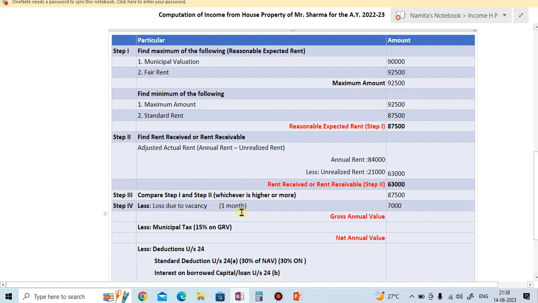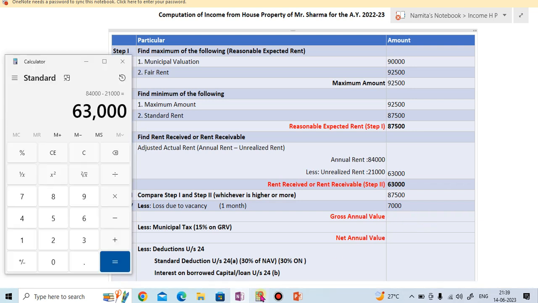So 7,000 is the loss occurred due to the vacant house. So now from step 3 less step 4, the value will be 87,500 minus 7,000, 80,500.